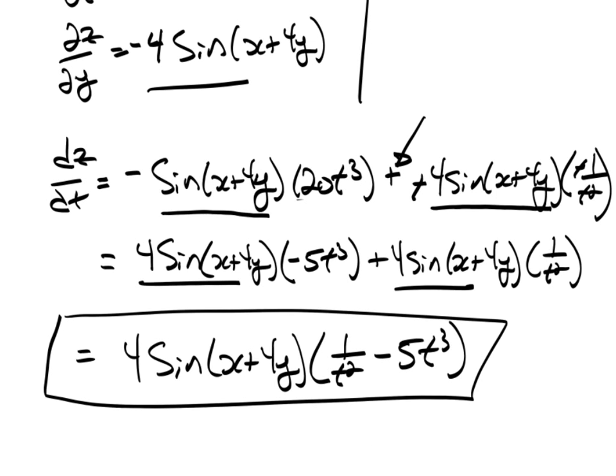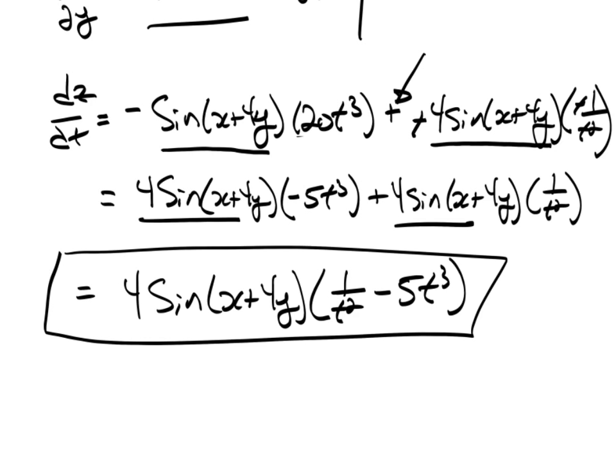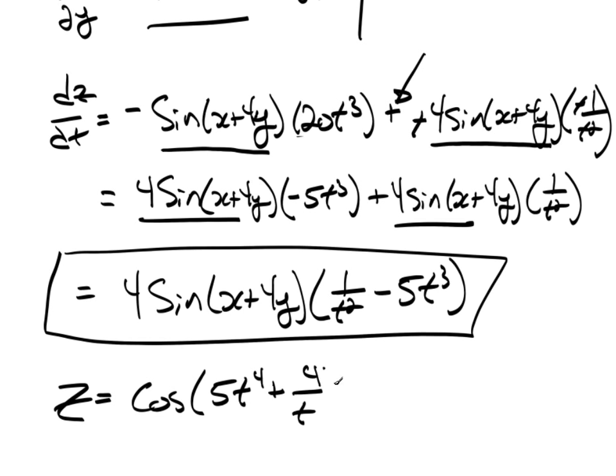Now notice if I just did a straight substitution, what I end up with is z equal to cosine of 5t to the fourth plus 4 over t.